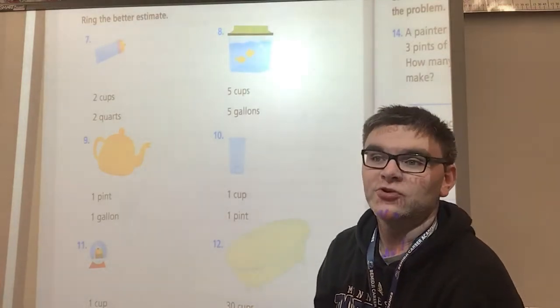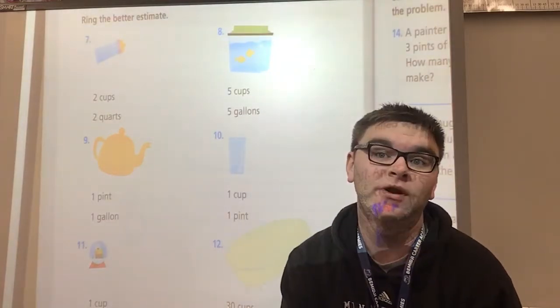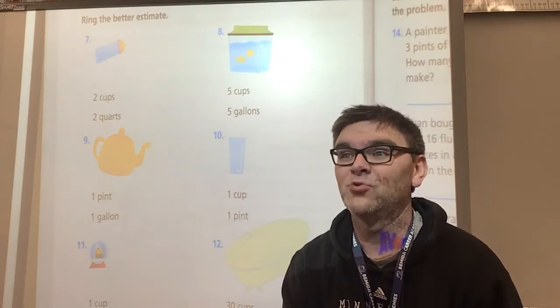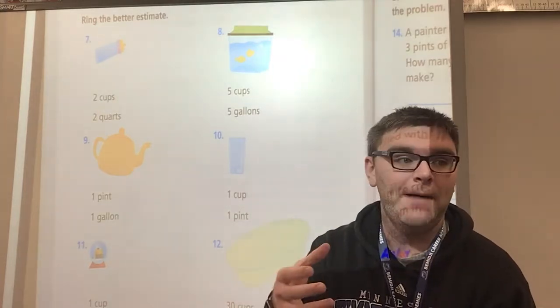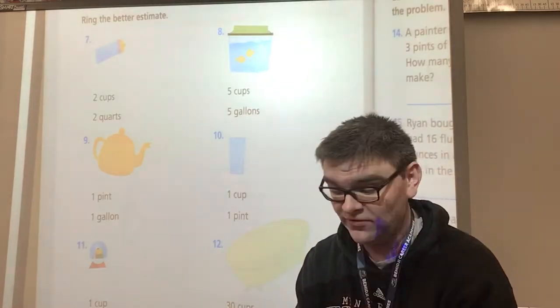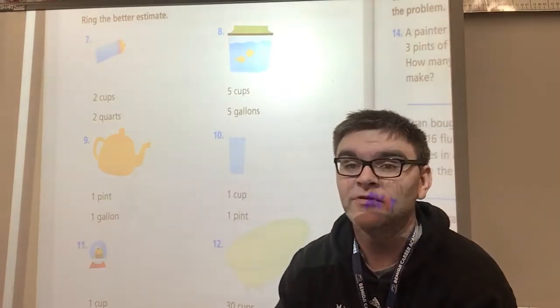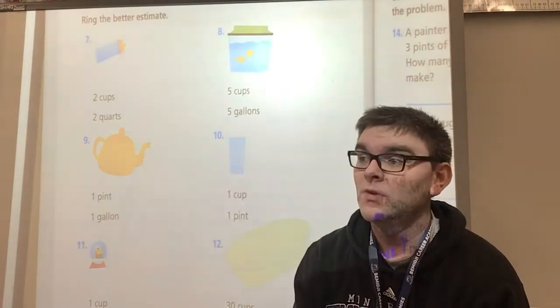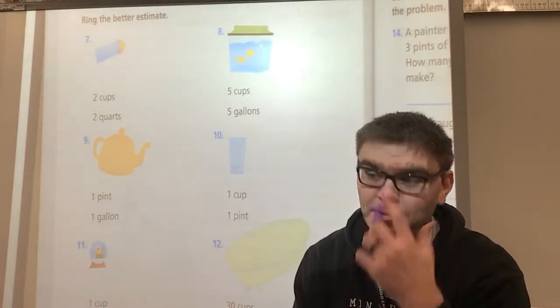If we're thinking in terms of one of our other vocab words that we talked about during our last lesson back in school, we talked about ounces. We talked about how a can of pop or soda is usually 12 ounces. Well, a cup is 8 ounces, just a little bit less than what a normal can of soda or can of pop would be.